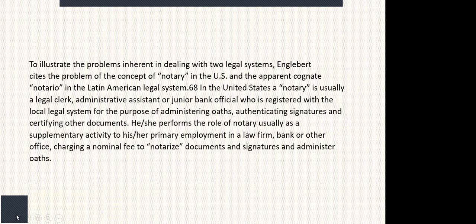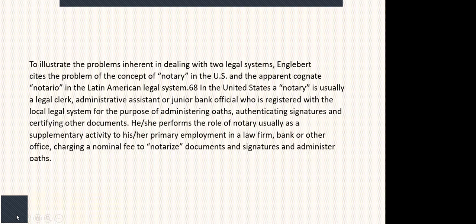So just to illustrate the problem concerning the two legal systems, Engelbert cites the problem of the concept of notary in the United States and the apparent cognate notario in Latin American legal systems. In the US, a notary is usually a legal clerk. Okay?